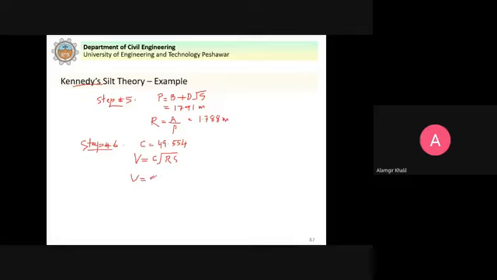0.937 meter per second. And now we have to compare this with the step 2 critical velocity.